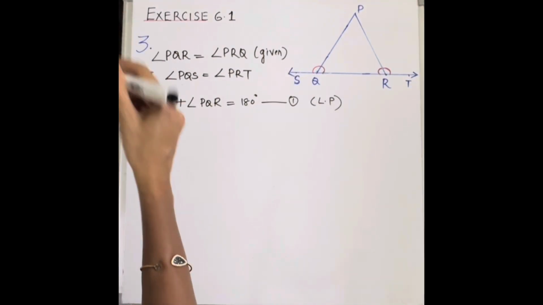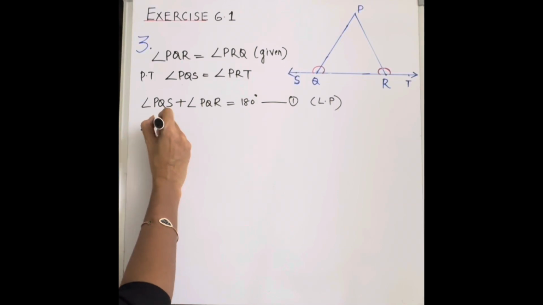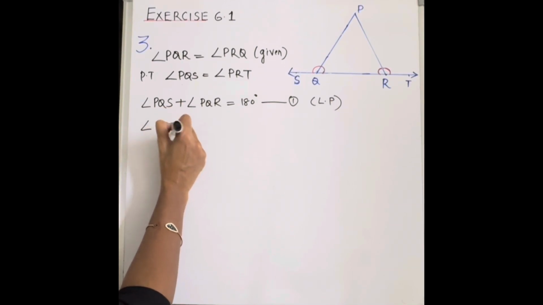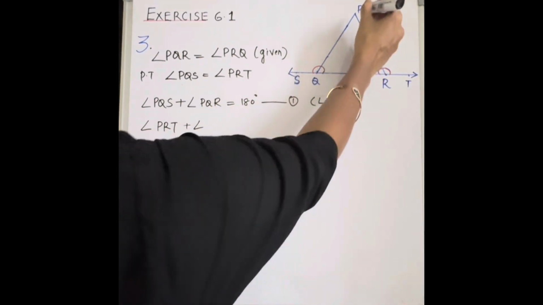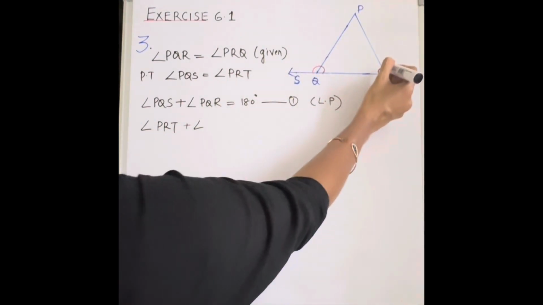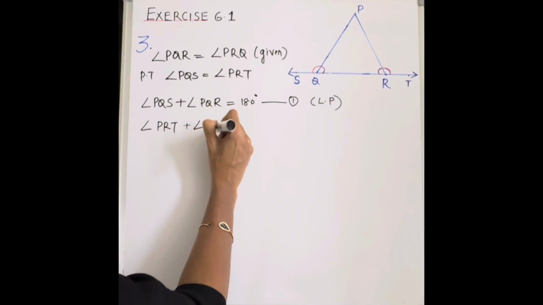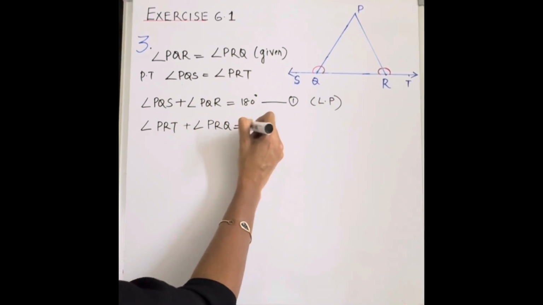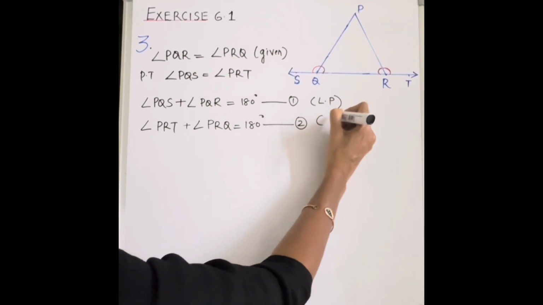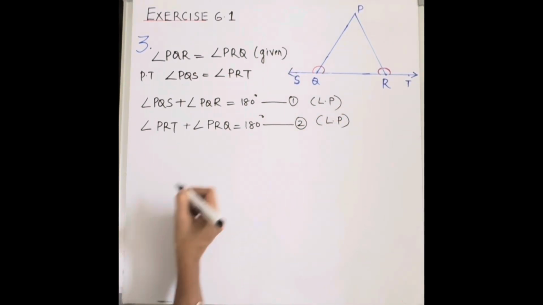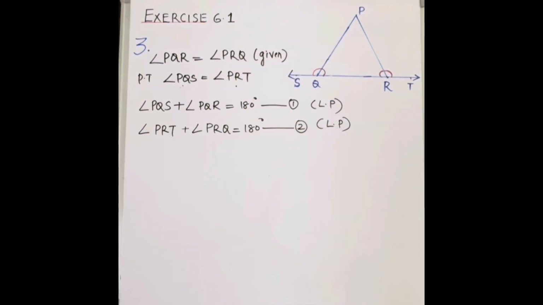So we can write them as angle PRT plus angle PRQ is equal to 180 degrees. Second equation. Why? Because this forms a linear pair.